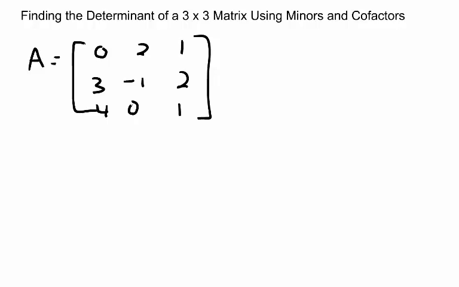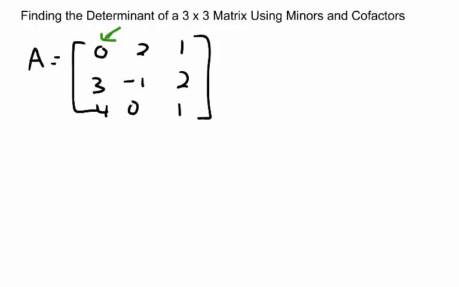I'll begin by finding the minor and cofactor for row 1, column 1. You'll see later in the problem that it wasn't necessary for us to perform this part of the calculation since the entry is 0, but I'm going to calculate them anyway so that you can see why.